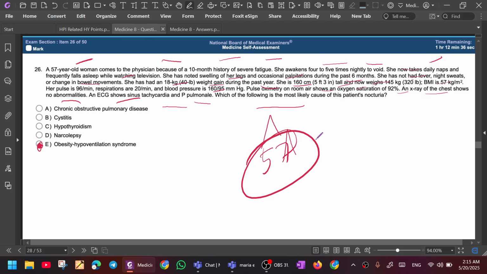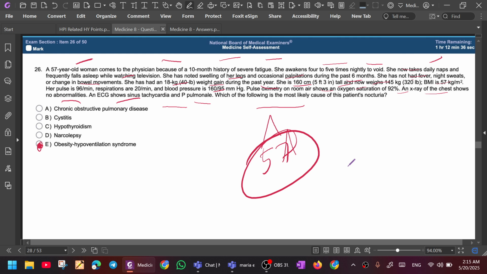In either case, ANP inhibits the release of ADH, leading to nocturia through increased excretion of free water. The diagnosis of OHS can be made in patients with BMI over 30 with documented alveolar hypoventilation while awake after exclusion of competing diagnoses.